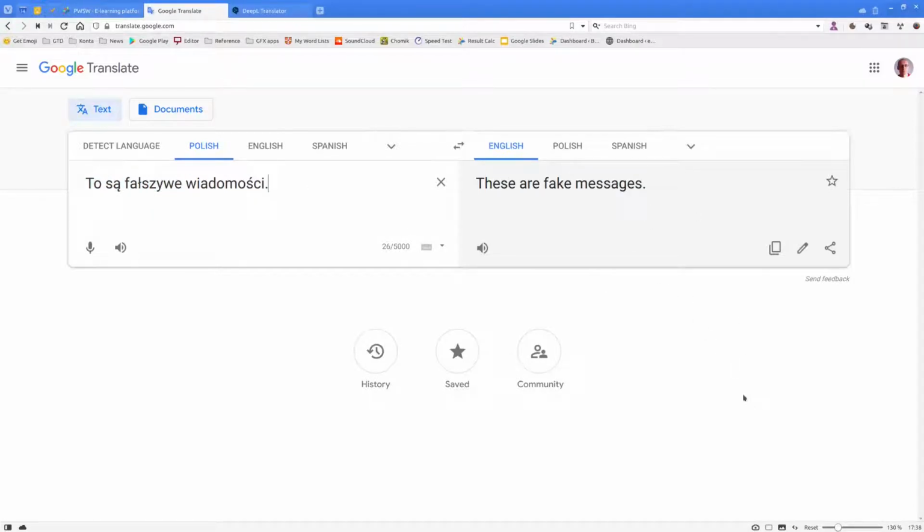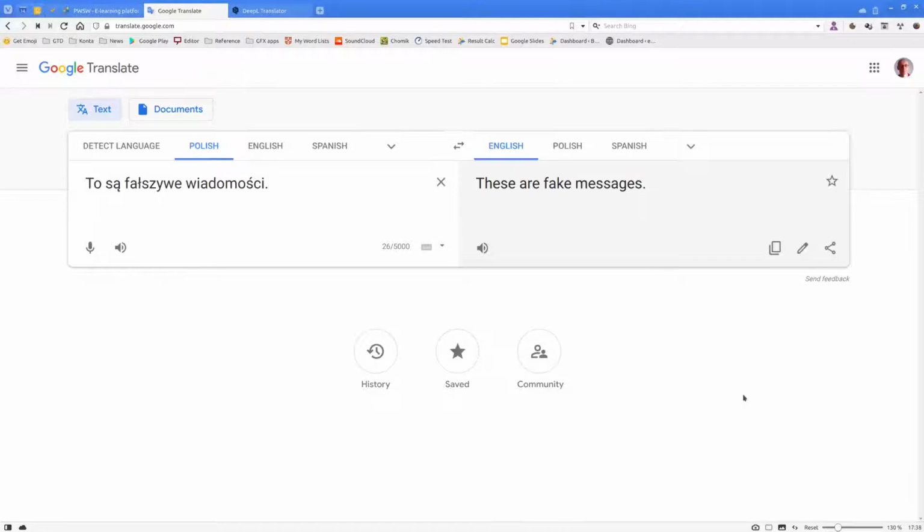These are fake messages. Okay, so again, you can see how context dictates everything. Because when you hear this sentence, to są fałszywe wiadomości, what's the first thing that comes to your mind? Well, it will depend on the context, but it might refer to the news, right?